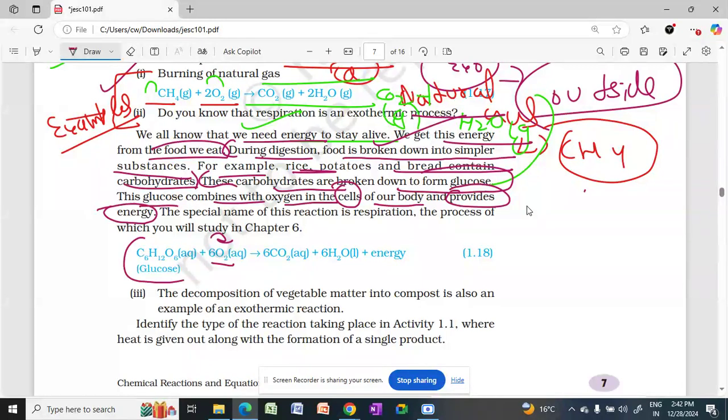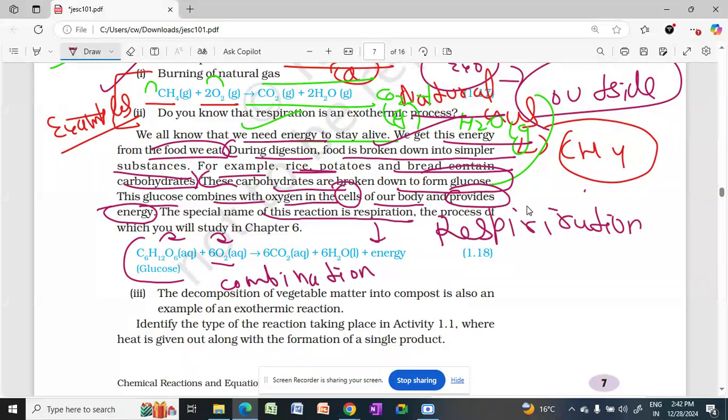What is the special name for this reaction, in which glucose reacts with, or combines with, oxygen? I gave the name respiration reaction to this reaction. Where this reaction has been given, just put an arrow in your NCERT and write there, it is a respiration reaction. Done.